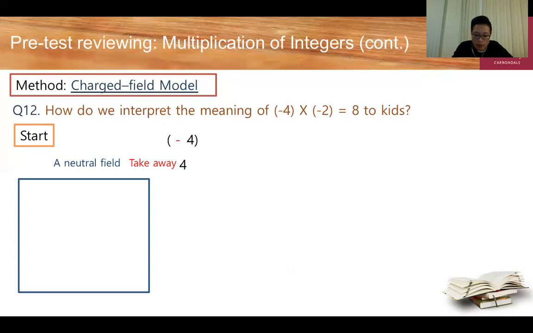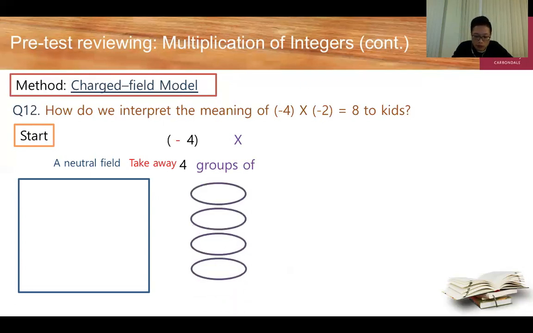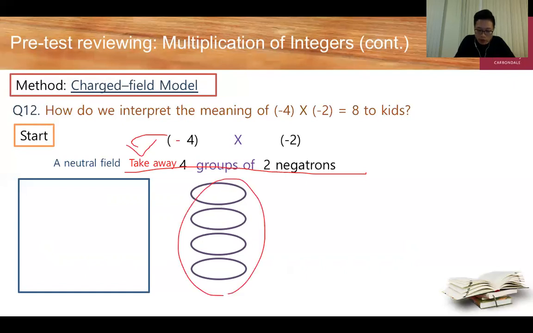That means we take away 4 groups of, and the multiplier here is -2, so that means 2 neutrons, right? So when we put this equation into meaning this way, we take away 4 groups of 2 neutrons from the field.